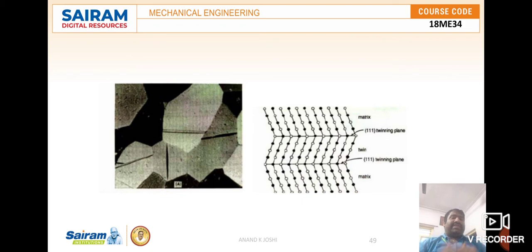So if slip action takes place at the smaller micro level, the lines appear on the surface and can be removed by polishing. Whereas if twinning happens, it is very difficult to remove those lines or wide bands on the surface by polishing.